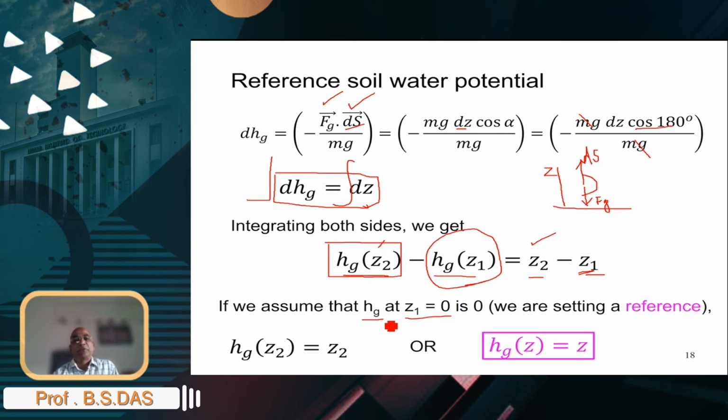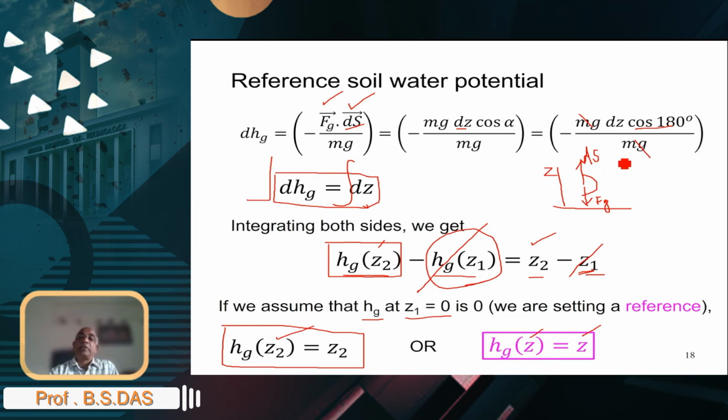That's the convention. Once you do that, these go to 0, and you are left with an expression for hg at any z2. So we can say that hg at any z is equal to z.